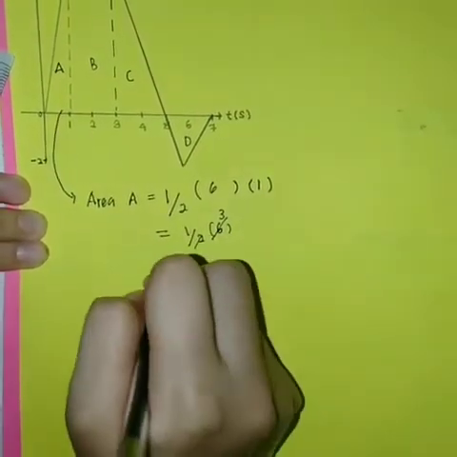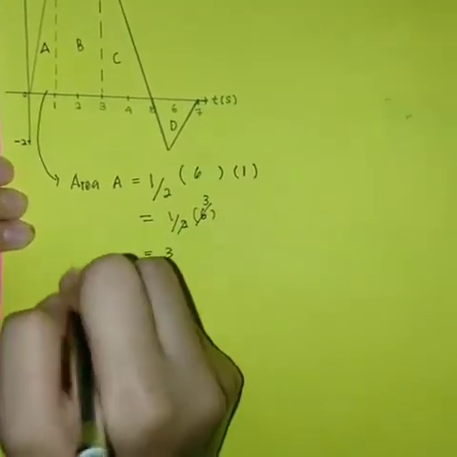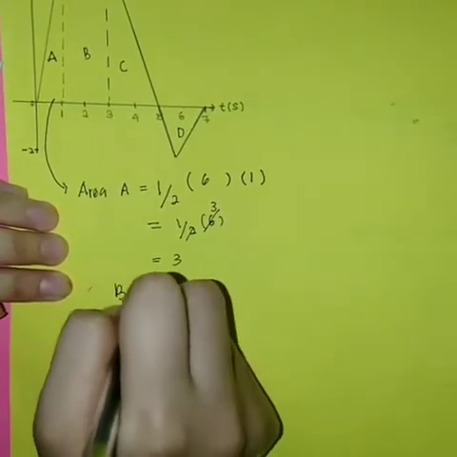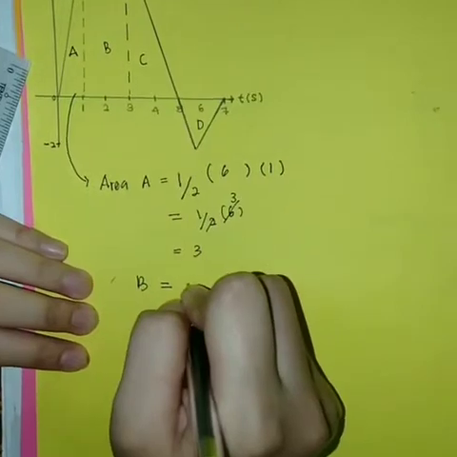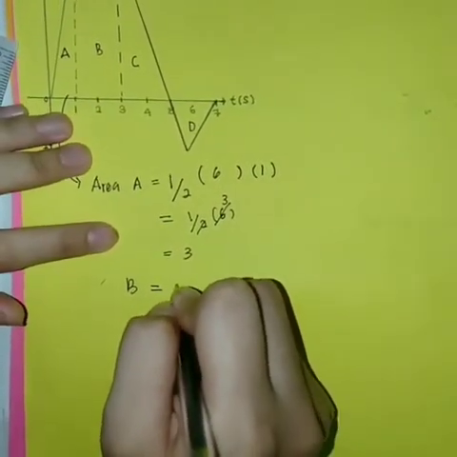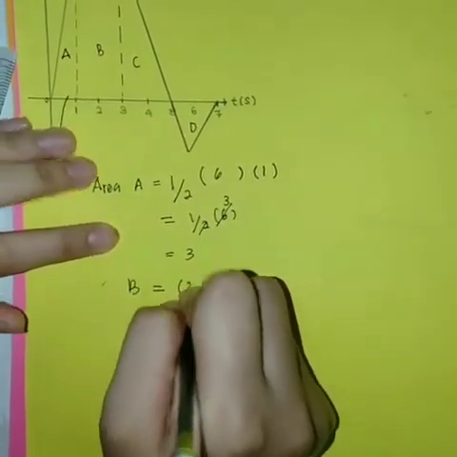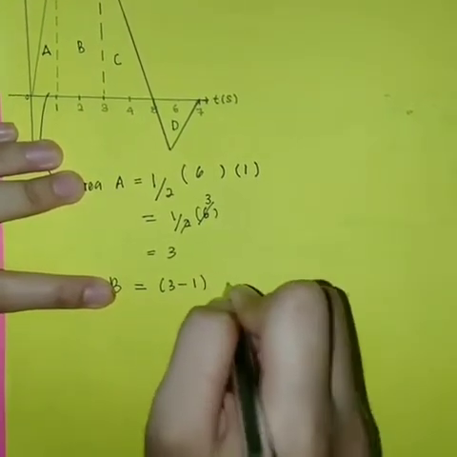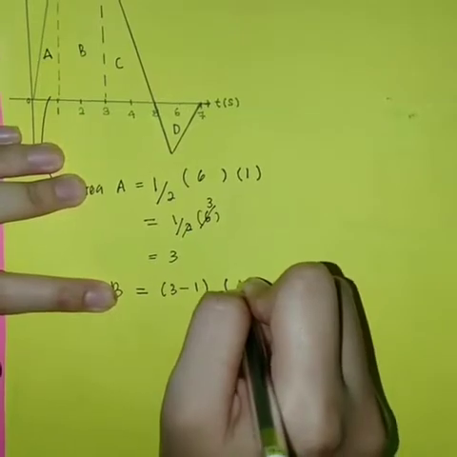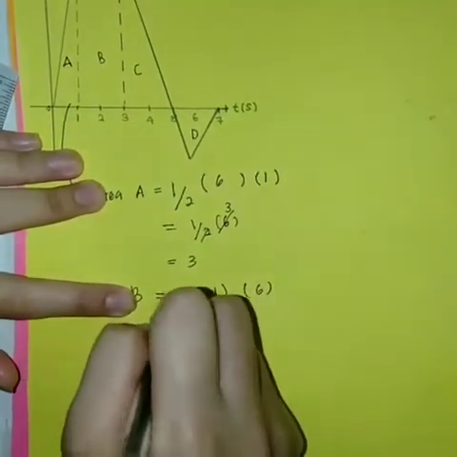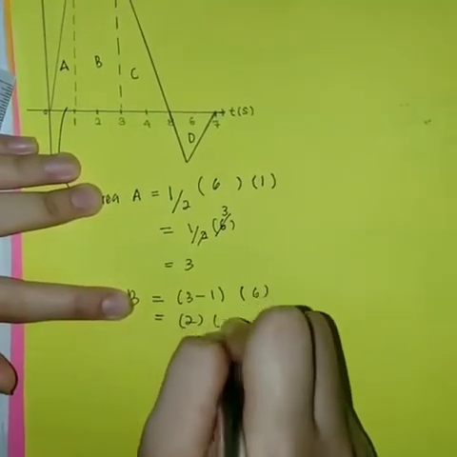So we get 3 for the A. And for the B, we use t minus 1 and 6. So we get 2 times 6.